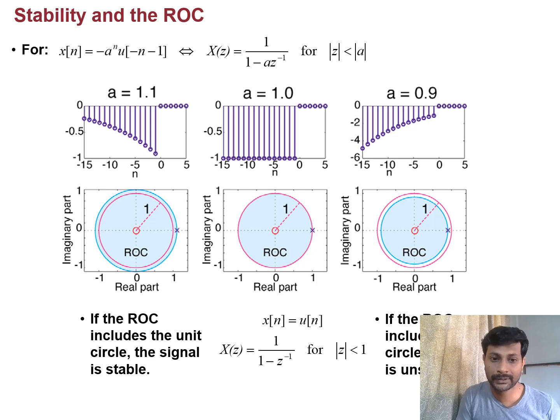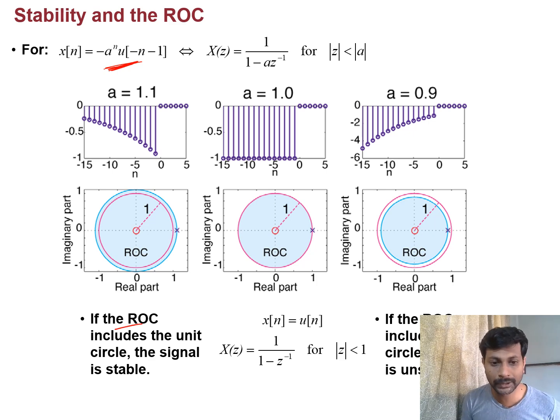We had considered left hand sequence, so let us consider the stability and ROC for a left hand sequence. This was the sequence that we have considered. So for a equal to 1.1, you can see in the z plane diagram that the ROC is outside the unit circle. That means, in other words, ROC includes the unit circle.